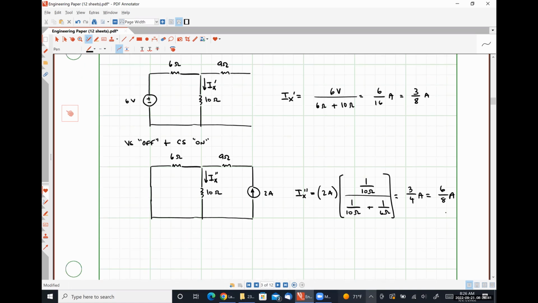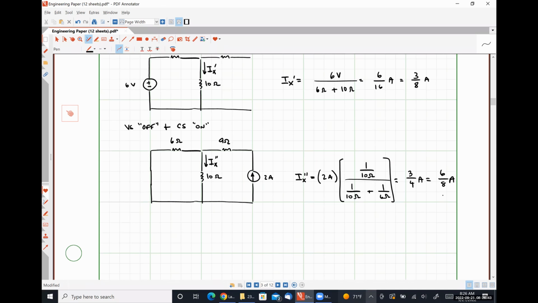And finally, we can say, because of the additivity principle, that IX that we were looking for, the current flowing down through the 10 ohm resistor with both sources on, is simply the sum of the current flowing down through the 10 ohm resistor with each source on by itself.